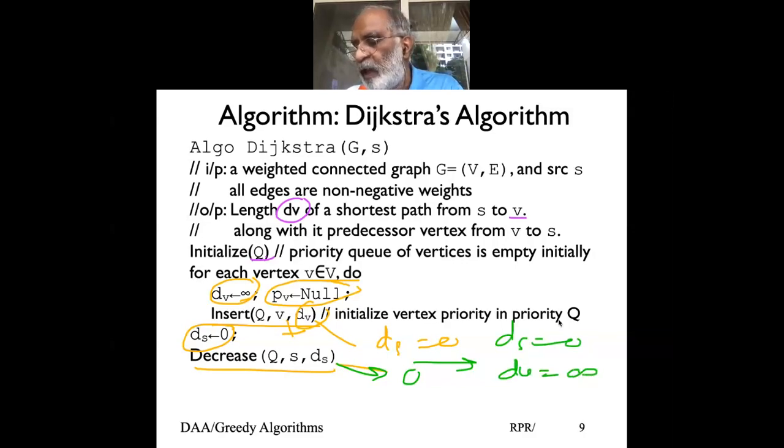Now the main loop of the algorithm starts. And we keep building my set of nodes, because once a node has been discovered, we're not going to discover it again. We will always look at nodes which have already been discovered and nodes which are yet to be discovered.